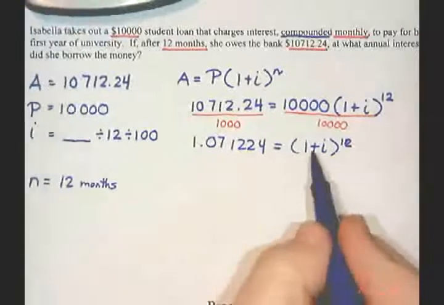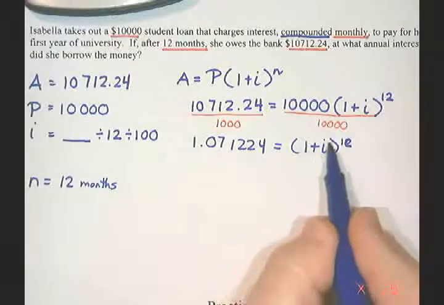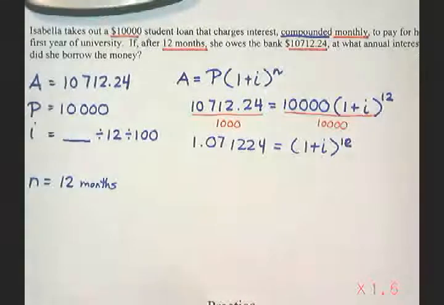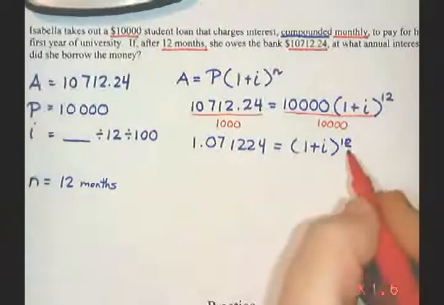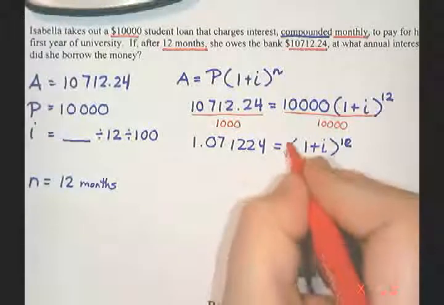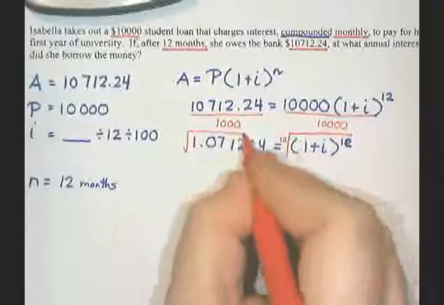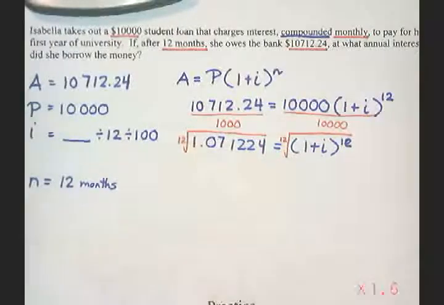Now here, I can't touch that 1 inside the bracket until I deal with the 12. Now to get rid of a power of 12, we do the opposite, and the opposite of an exponent is a root. So I'm going to take the 12th root of both sides.